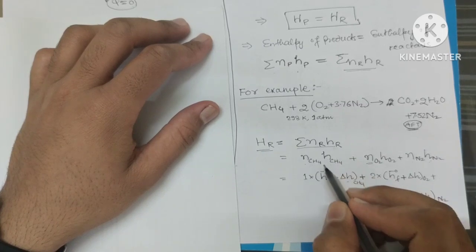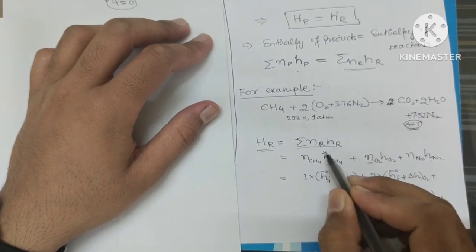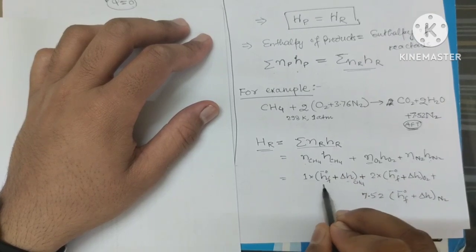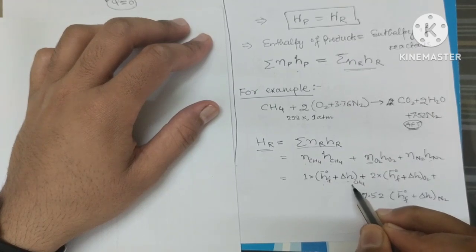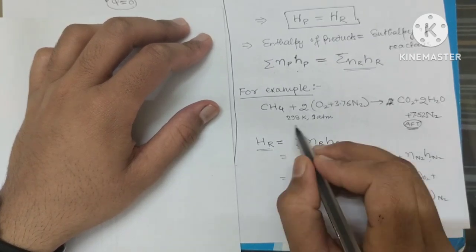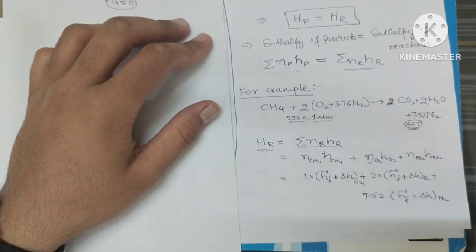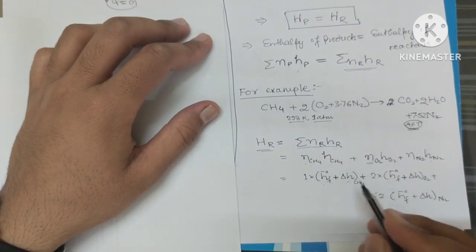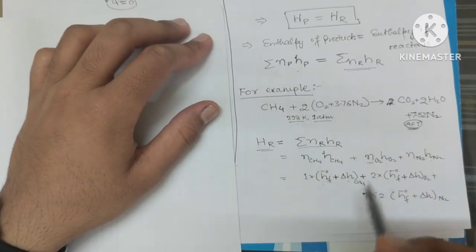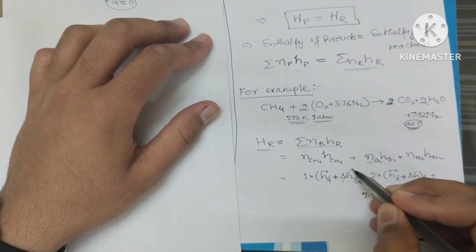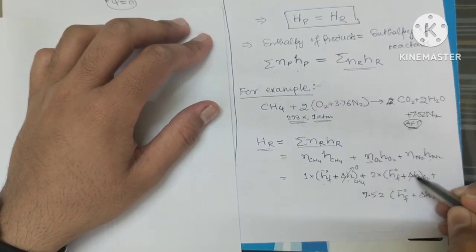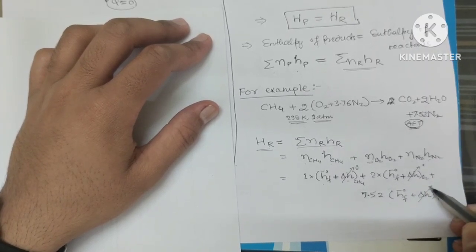Okay, so we can write the total enthalpy of methane as the enthalpy of formation of methane plus the change in enthalpy of methane if there is any increase in temperature from ambient, that is this. Okay, so as of now we assume that the temperature of the reactants is at atmospheric or standard condition, so this will be 0. Similarly, this will be 0. And similarly, this will be 0.